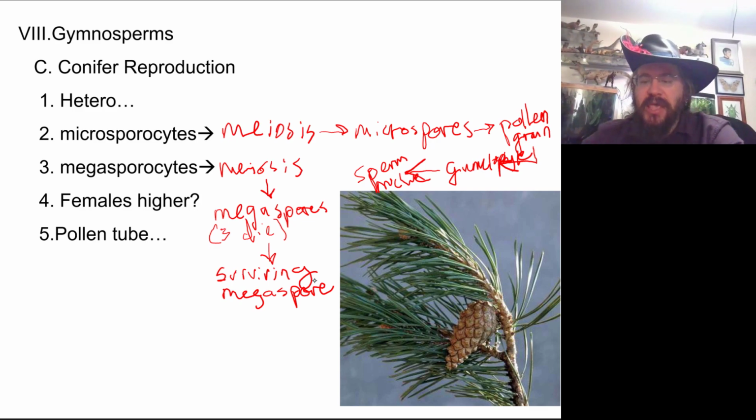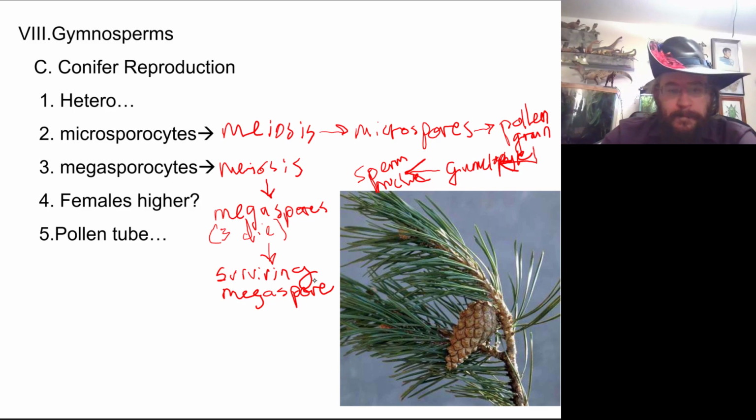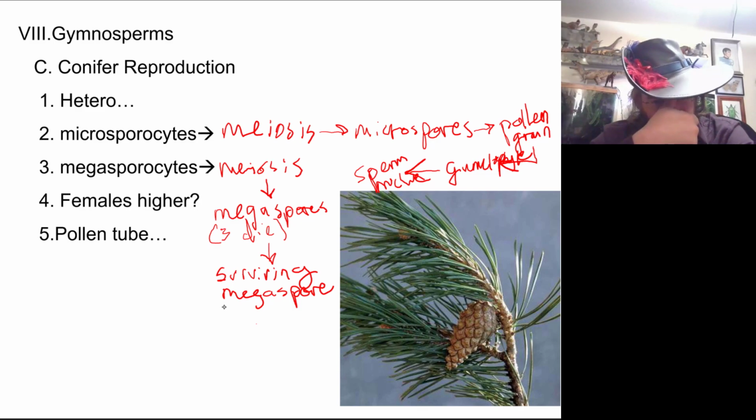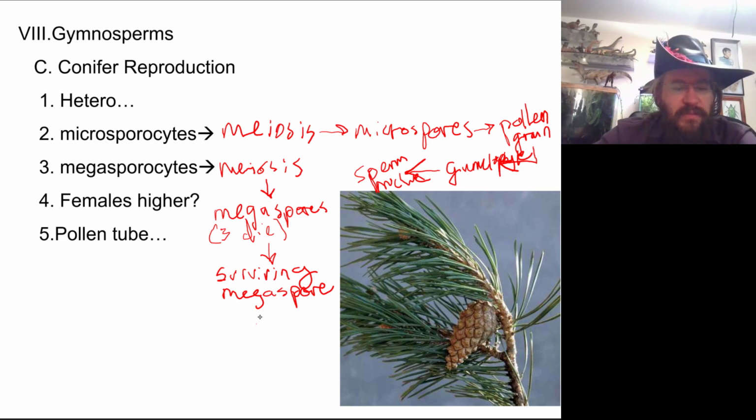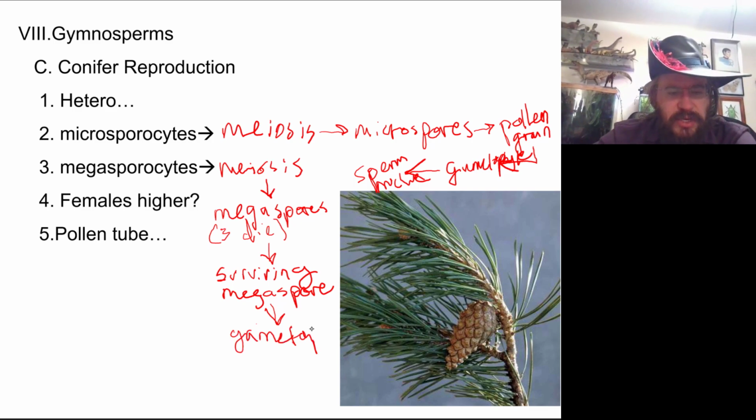That surviving megaspore is going to do its meiosis, right? Oh, sorry. That surviving megaspore does mitosis. See, it even still gets me, and I'm even just reminding you about it. We do our mitosis and we get our gametophyte, our megagametophyte tissue, and we get our egg.